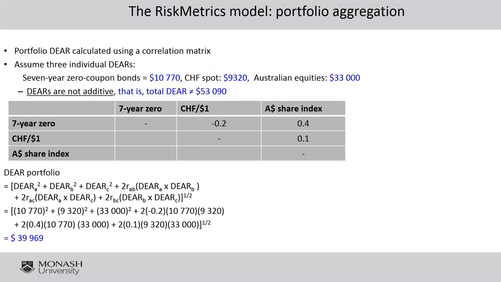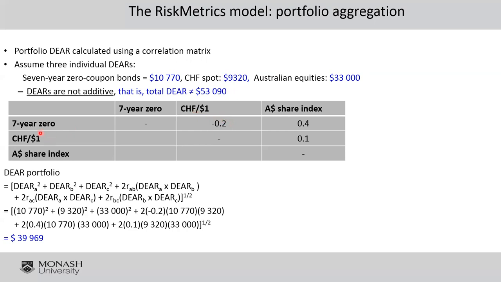And we find now the 7-year zero coupon has some correlation with the exchange rate, which is the dollar to the Swiss franc, 0.02.